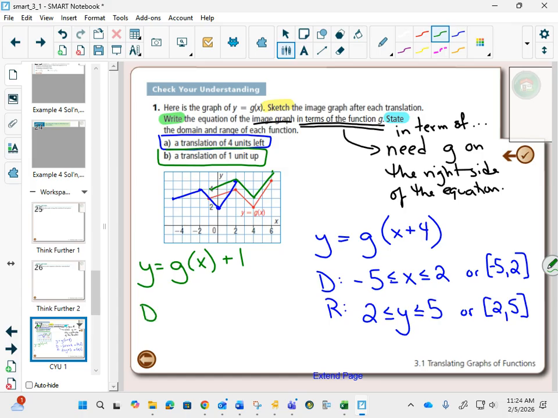And my domain of my green one: smallest value is -1, biggest value is 6. I could write it either of these ways, same thing. Range: smallest value is 3, biggest value is now 6.